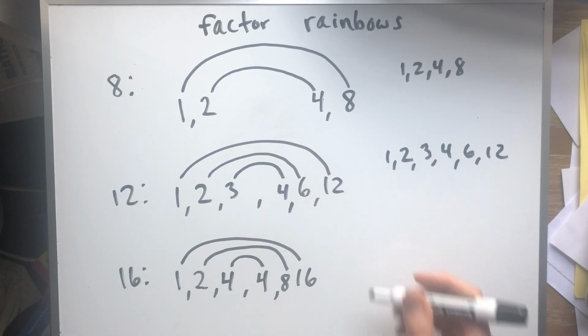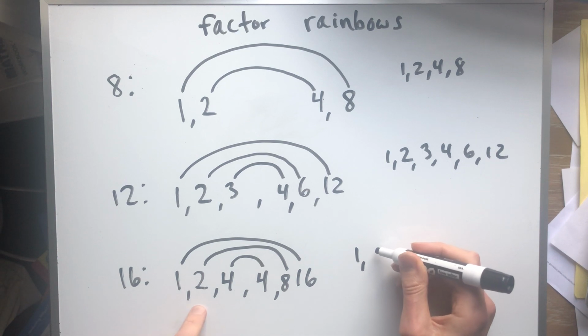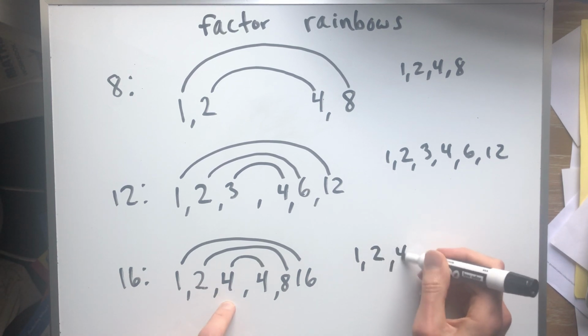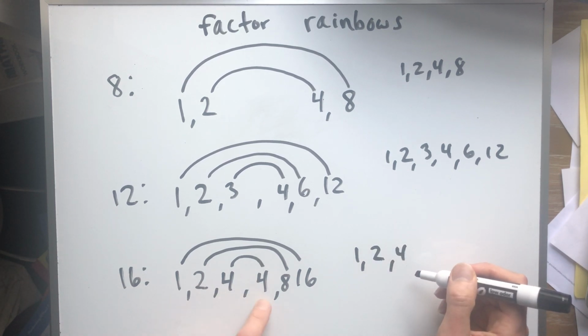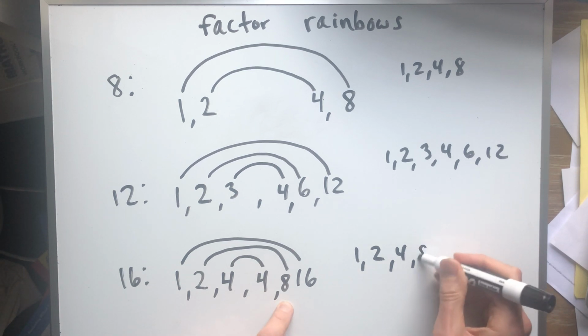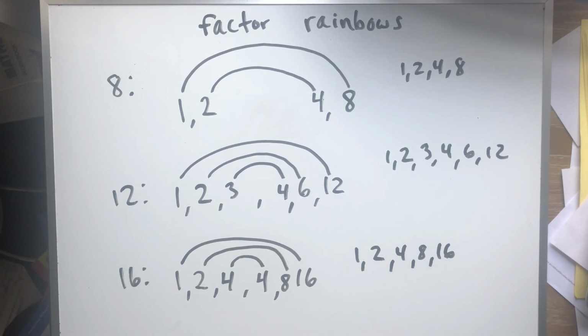And now you've got all the factors: 1, 2, 4, and when you just list the factors, you don't need to say 4 twice. You just give it once. 8, 16. And when I look at my factor rainbow, I know, oh yeah, 1 times 16 equals 16, 2 times 8 equals 16, and 4 times 4 equals 16.